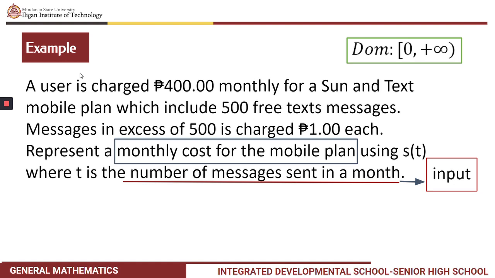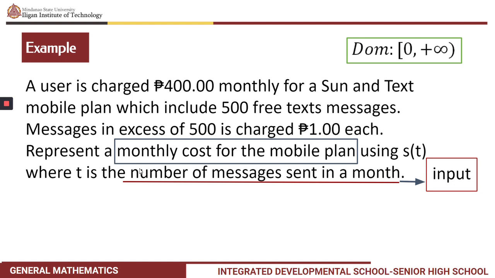So looking at the situation, mayroon dalawang condition, no? Or dalawang situation. So first is if hindi ka lumagpas sa 500 free text messages na allotted for 400 pesos na plan. And the second is if lumagpas ka sa 500 messages na plan.